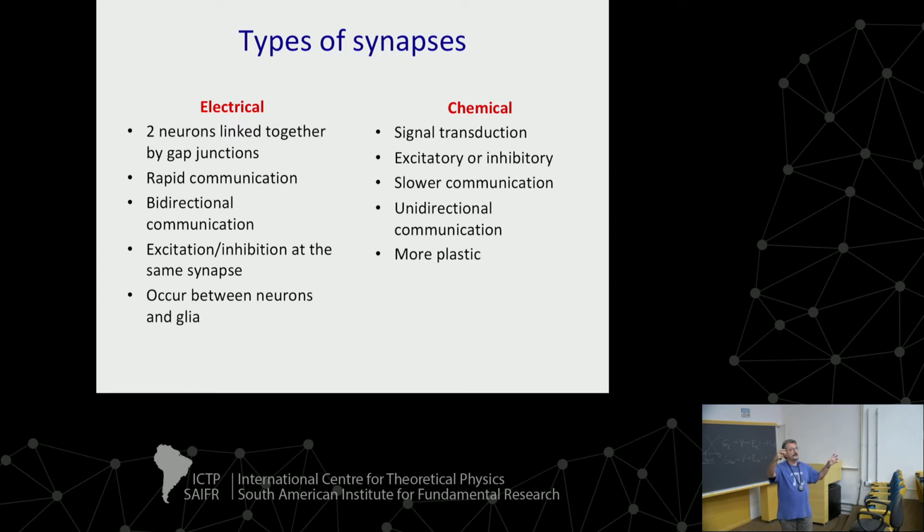If you want a synapse from B to A, this would have to be conveyed via a different synapse. And they are more plastic, and this is probably the most important feature of chemical synapses and why they are so important, because they can change. The gap junctions are more or less fixed. The conductance, the effectiveness of the synapse, is fixed. That's why they're fast, but they're not plastic, and this really is an important feature.